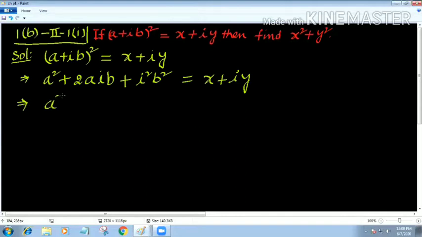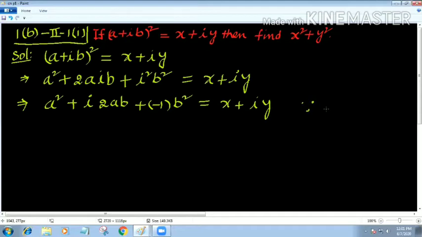So a square plus i into 2ab plus i square, which is minus 1, b square is equal to the right side, no change, as it is, since i square is equal to minus 1.